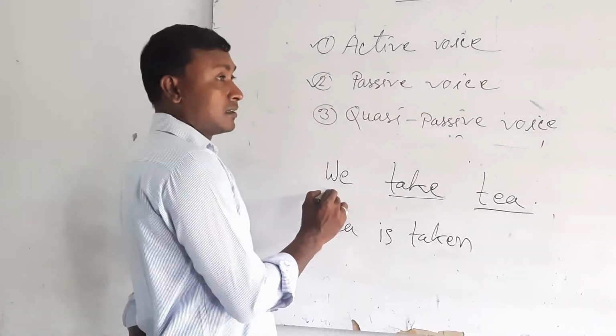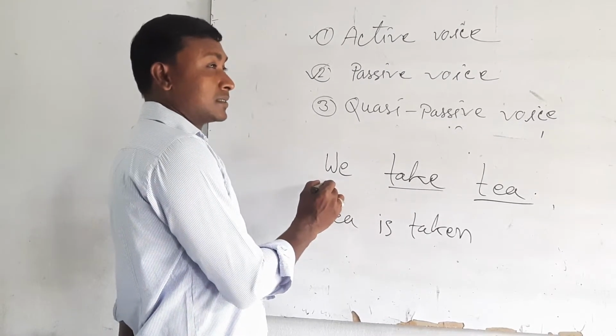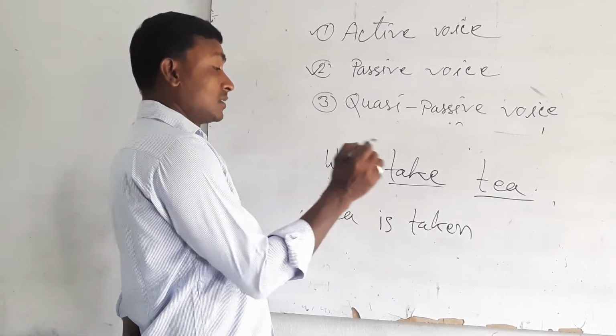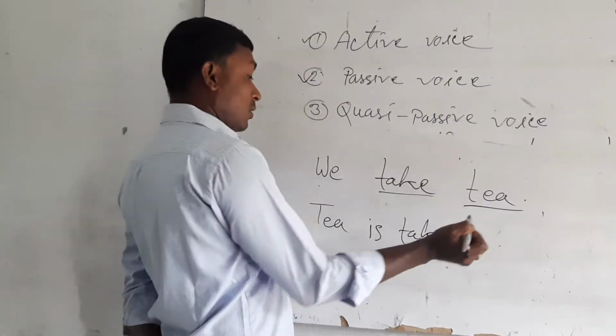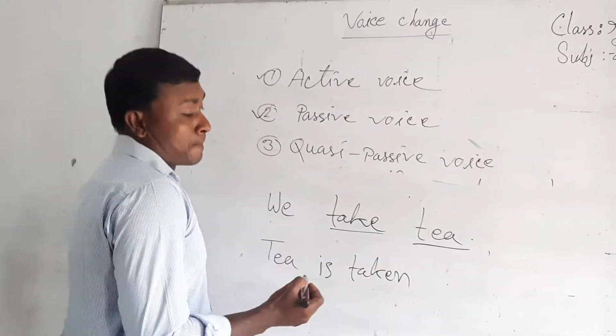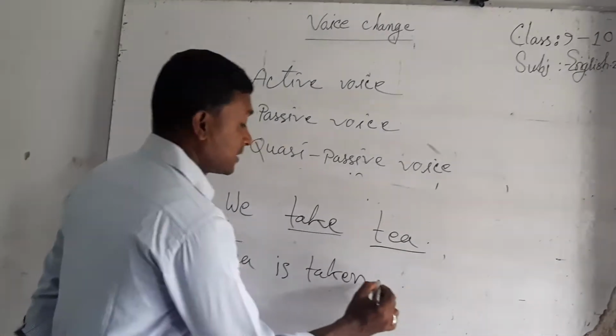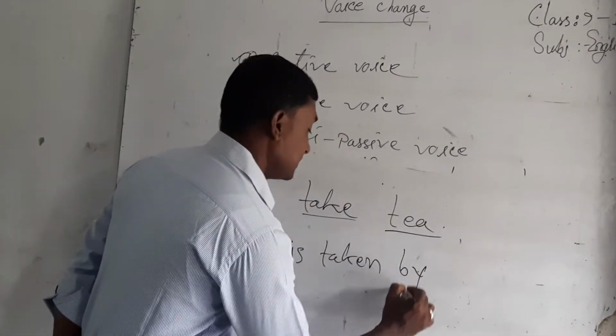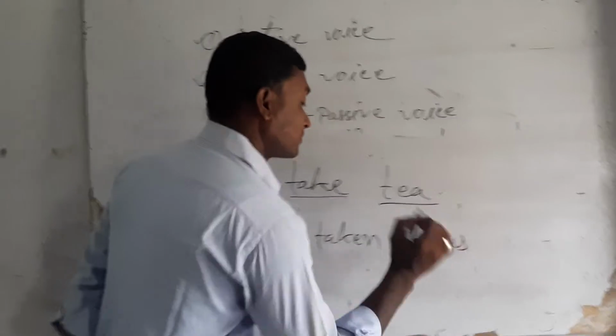The subject of active voice comes as the object of passive voice, preceded by the preposition by.